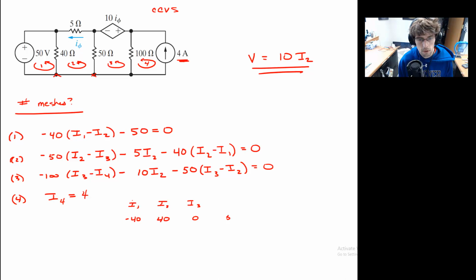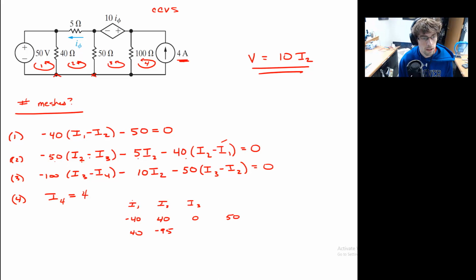That's from the first equation. Second equation: I have a positive 40 I1, so let's put the 40 in here. That takes care of that guy. Then I have negative 50 minus 5, so 55, 40. So I have negative 95 here.